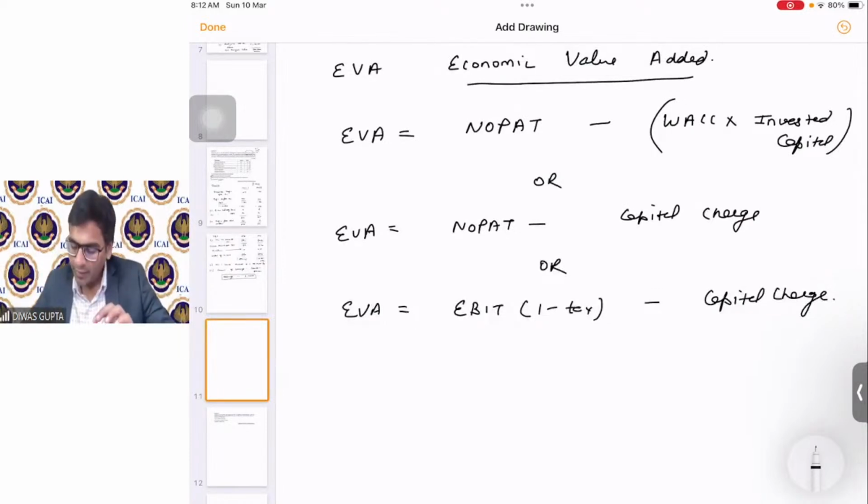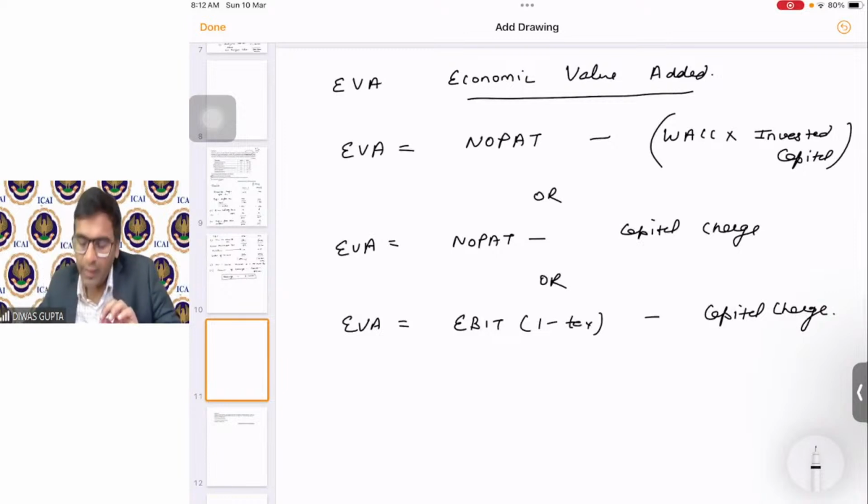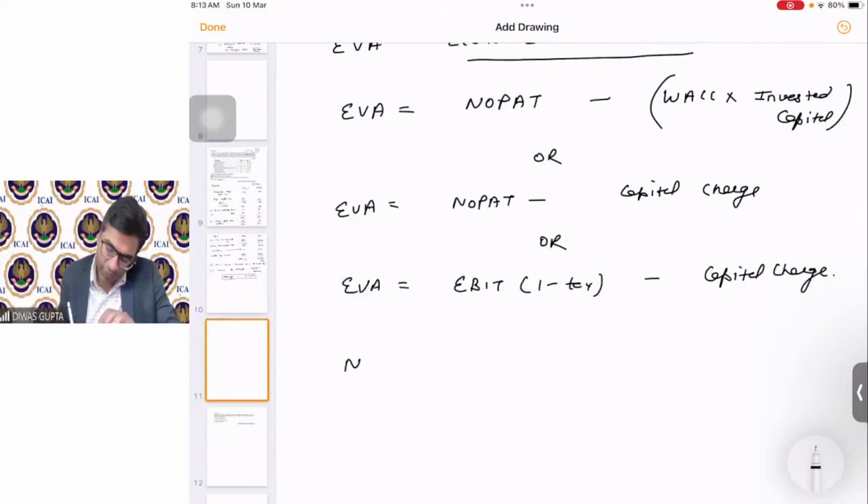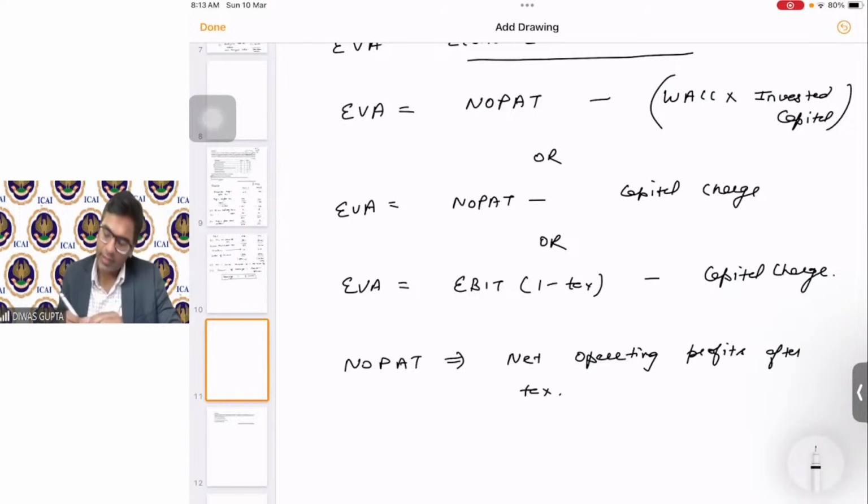Now just hear me out, students. The economic value added is, let me first define what NOPAT is. NOPAT is net operating profits after tax.